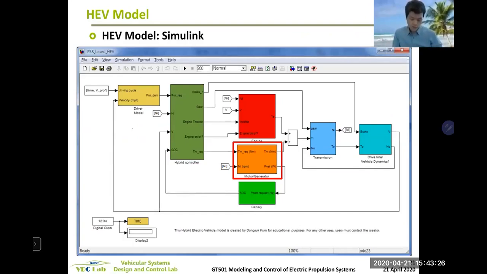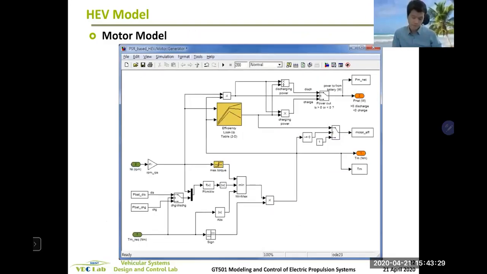And motor generator, again, it's an efficiency map. It looks a little complicated, but there are mostly constraints to make sure the motor is operated within the feasible operating region. But the key part is this one, okay? This is the motor map.